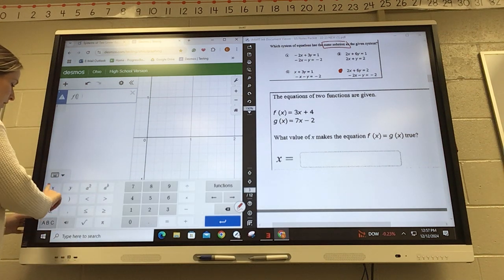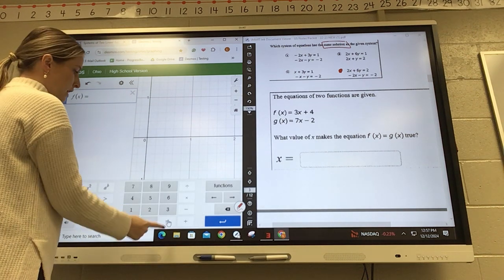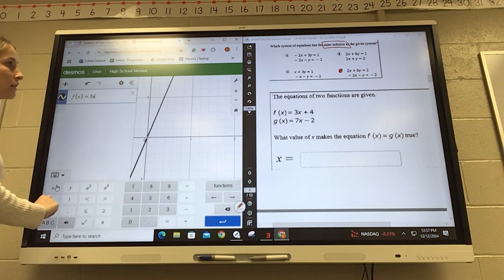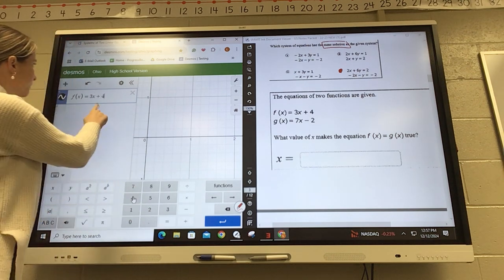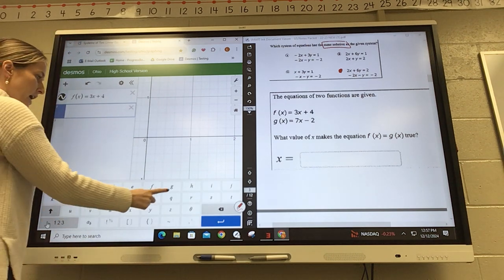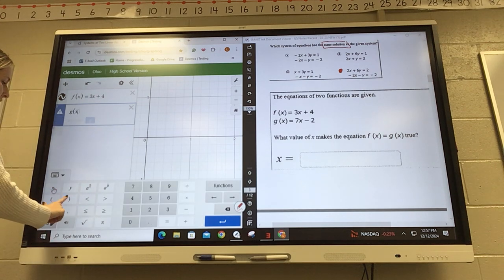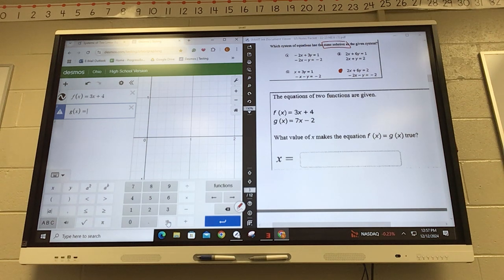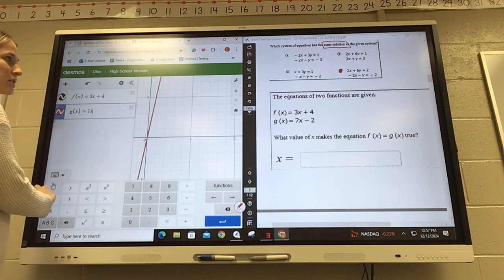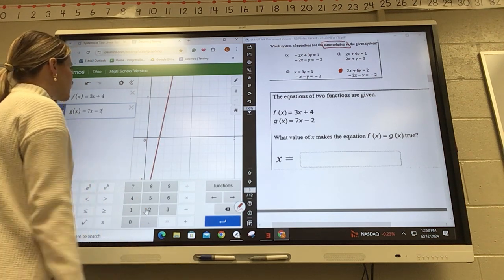So type in your original, f of x equals 3x plus 4, and then g of x, which, by the way, what do f of x and g of x stand for? They're just a fancy way of writing, what did you say? Y. So you could put y instead of that if you want to, but I'm just going to keep it as is.